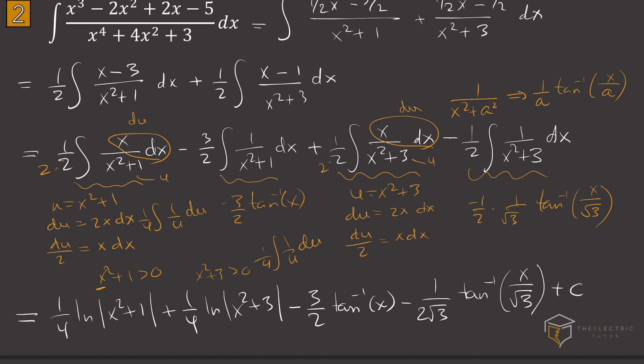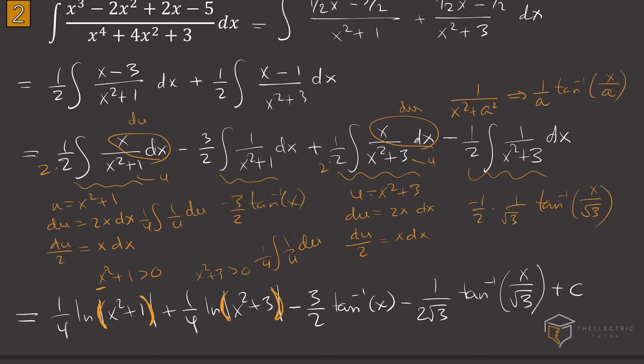And that basically means we can eliminate these absolute value bars. Technically, you have to, but sometimes people leave it, and sometimes, depending on the professor, that's fine. But I always like to remove them if applicable.